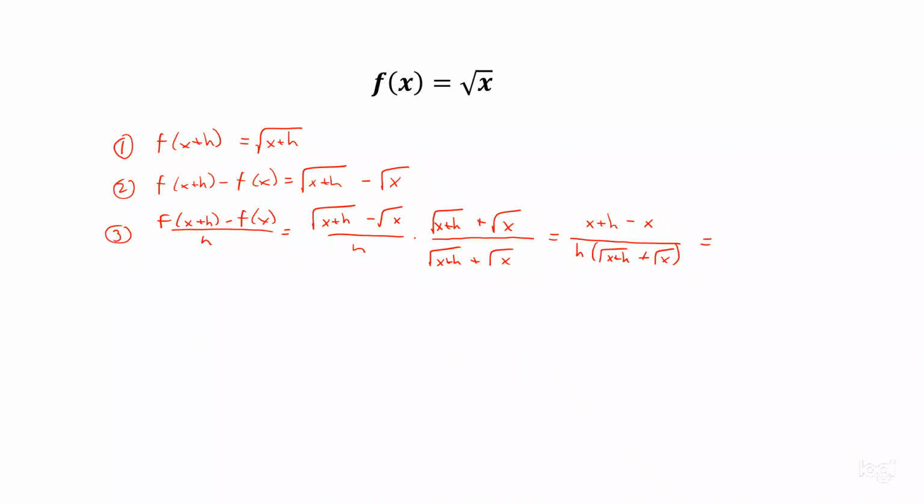We can see the x's cancel. We end up with an h divided by h, so that's just 1. So 1 divided by square root of x plus h plus square root of x.